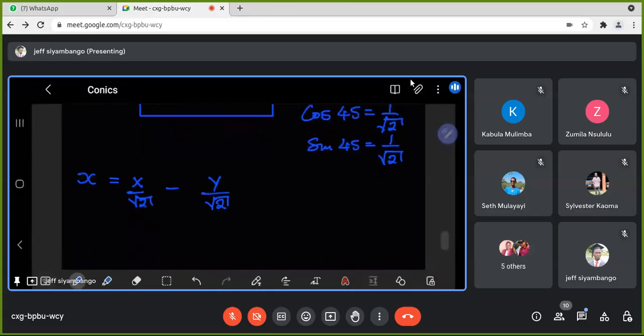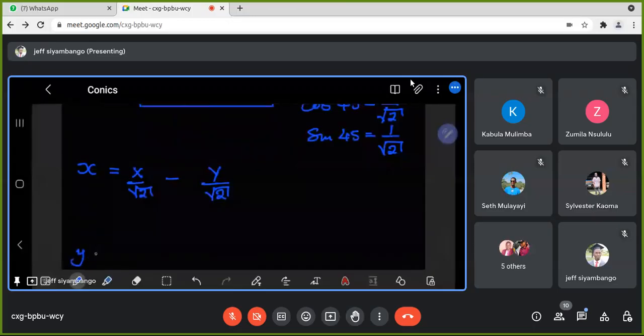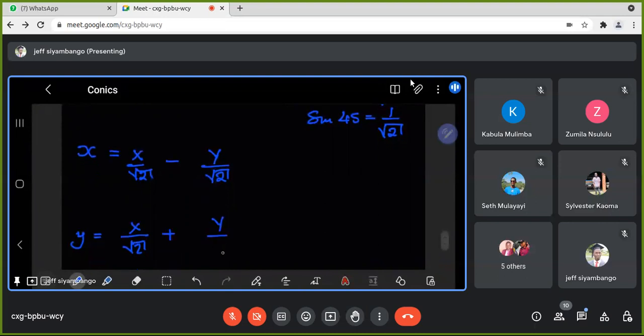Then for the new y, we have x times sine 45. Again, sine 45 is still 1 over root 2, so this is x over root 2. Then plus y multiplying cos 45. Again, cos 45 is 1 over root 2, so I'll still have root 2 here.